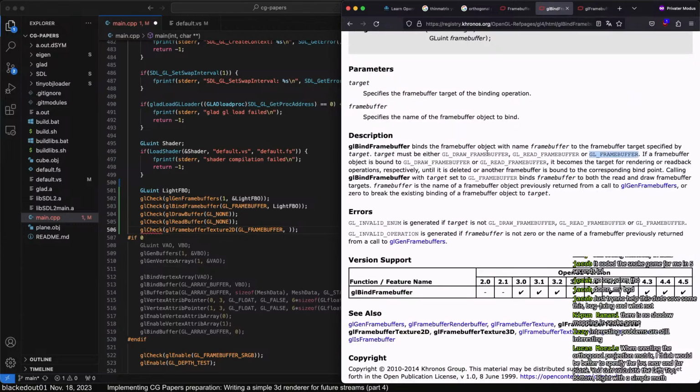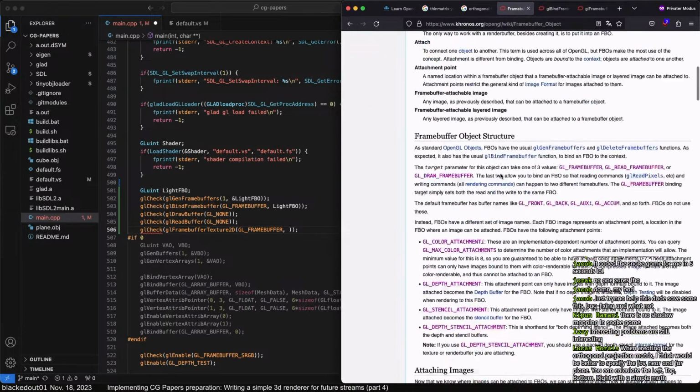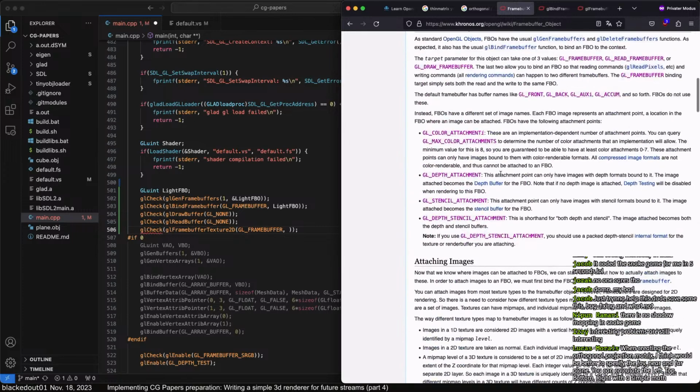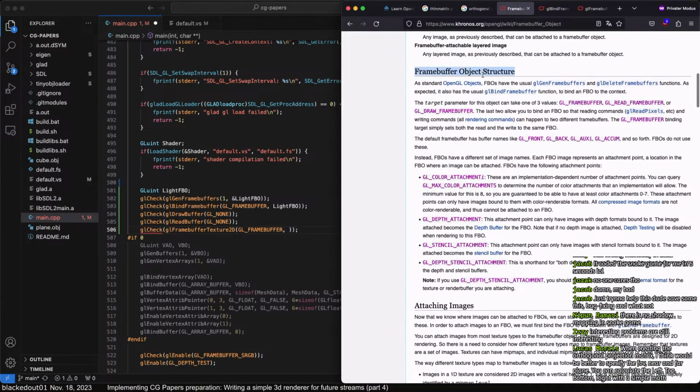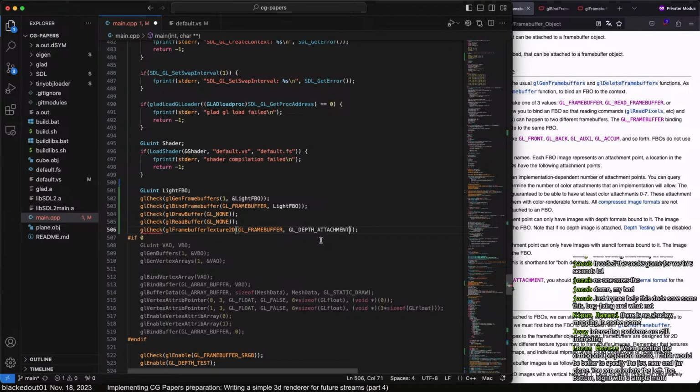Let's see, the attachment point here. Here are the different attachment points we can use. And we want to use a depth attachment. So we put this constant here.